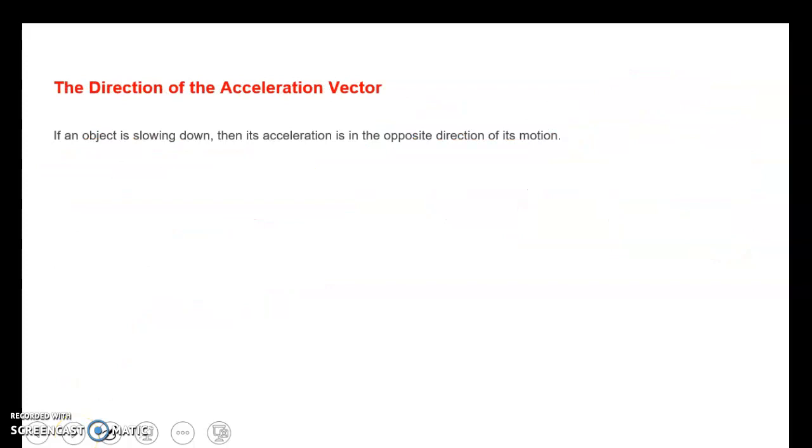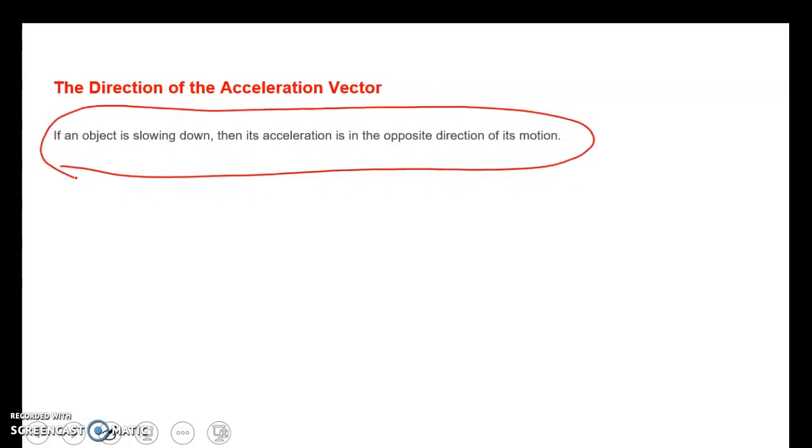So, lastly, acceleration vectors. And here's the rule when we talk about acceleration vectors. If an object is slowing down, then its acceleration is in the opposite direction of its motion. I'll repeat that. If an object is slowing down, then its acceleration is in the opposite direction of its motion. So, here's our situation. Our velocity's going this way, and we're speeding up.